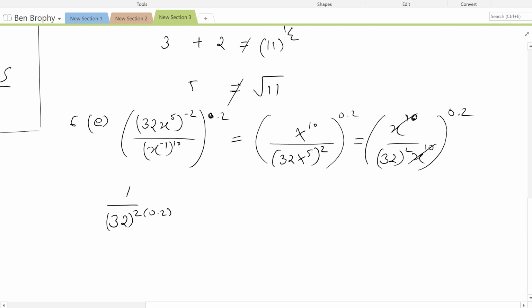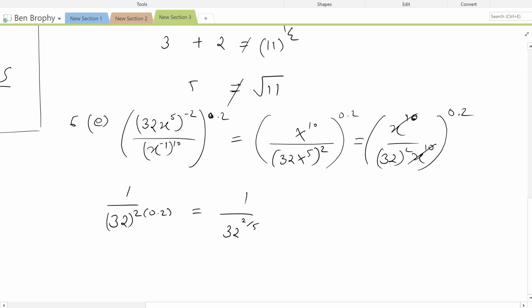You distribute it. 2/10 is 1/5, so 2/5, that's right. So when you multiply them, you will get 2/5.